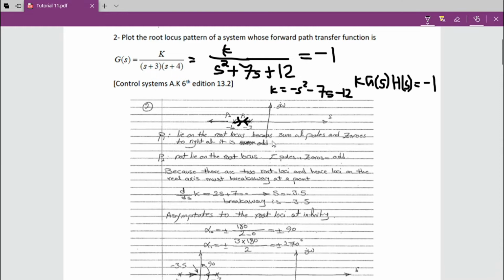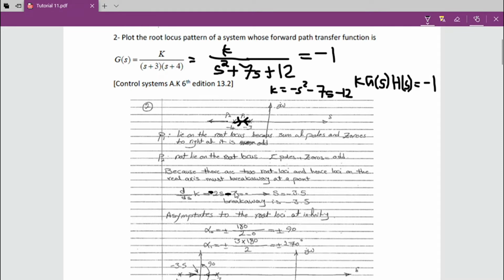If we do that, we get negative 2s minus 7. After differentiating, we need to equate it to 0. It won't be 2s plus 7, it will be negative 2s minus 7. Then we equate it to 0 and solve for s.